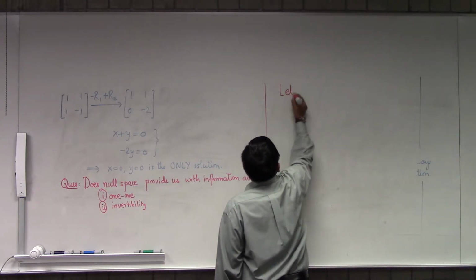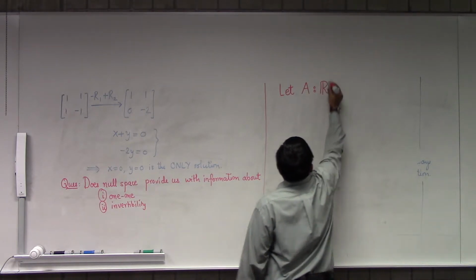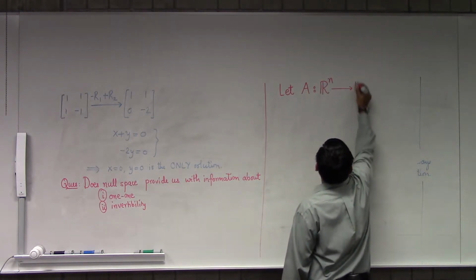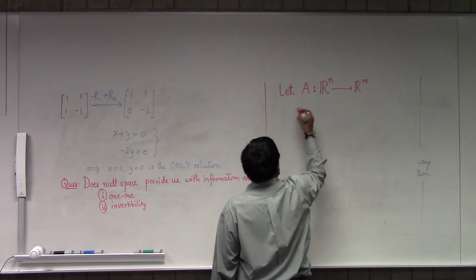So let's start with a linear transformation from Rn to Rm.